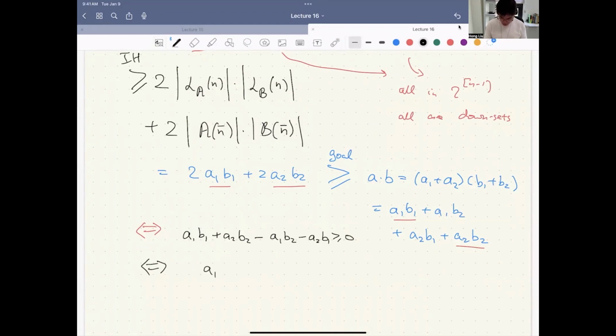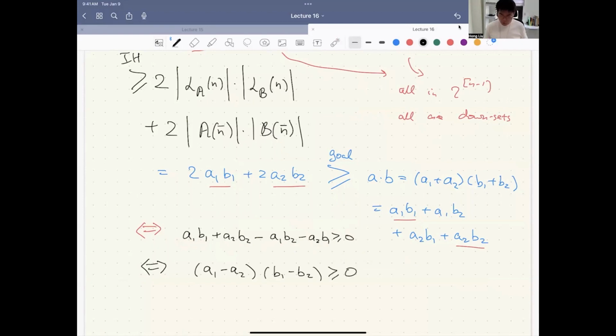This is A1 times (B1 minus B2) minus A2 times (B1 minus B2). So it's (A1 minus A2) times (B1 minus B2). Let me double check. That's correct.